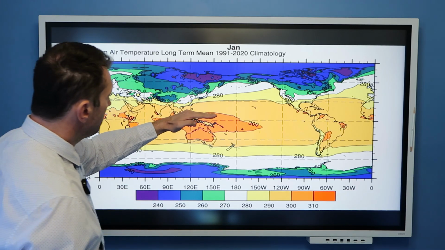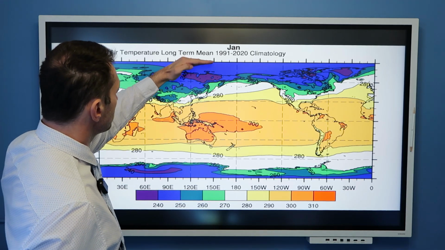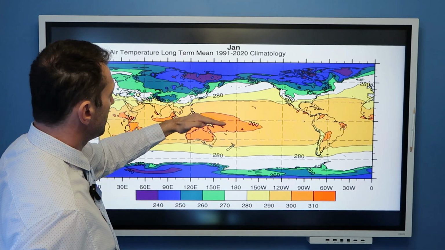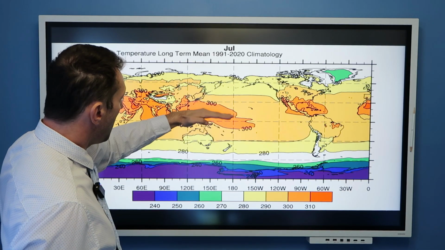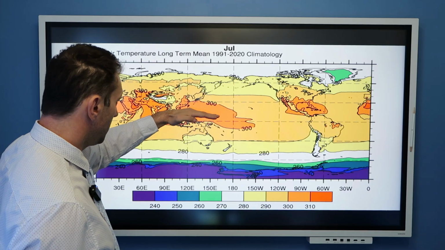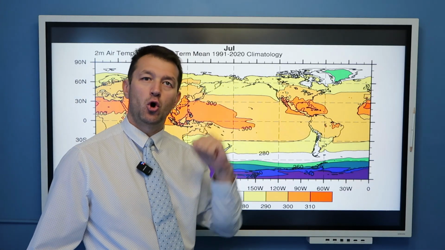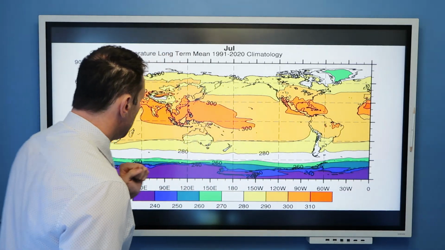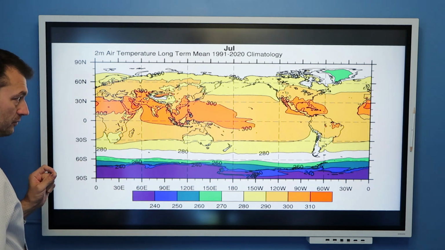Look, in winter, polar regions are much colder than the tropical regions. In July, polar regions are still substantially colder than tropical regions, but not as cold as in the winter season.